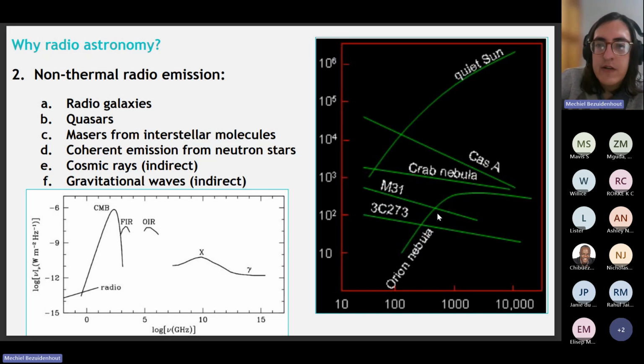So on the right, you can see a plot of the spectrum. That's the flux against wavelength of various emitters. So you can see the Sun and the Orion Nebula.